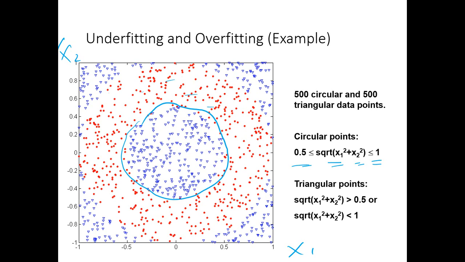And otherwise, if it is less than 0.5 or greater than 1, then it is the triangular one. That's the criteria, the decision that you can use to classify.